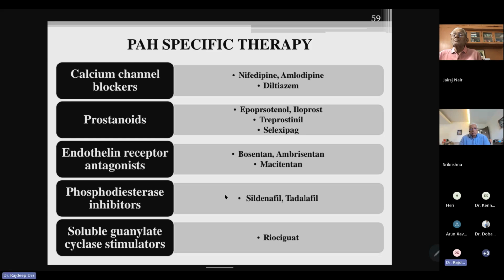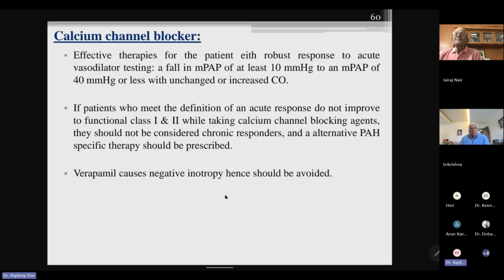The next group of drugs is endothelin receptor antagonists: bosentan, ambrisentan, and macitentan. The next group is phosphodiesterase inhibitors, which are essentially sildenafil and tadalafil, and the last one is the soluble guanylate cyclase stimulator, riociguat. The calcium channel blockers are effective therapies for patients with robust response to acute vasodilator testing.